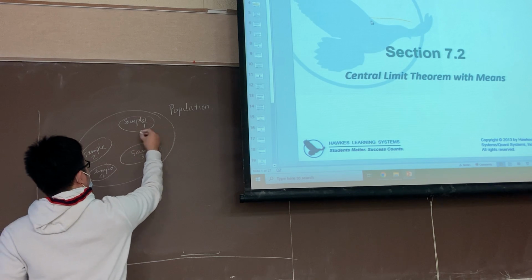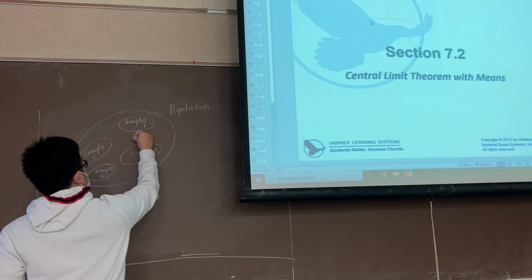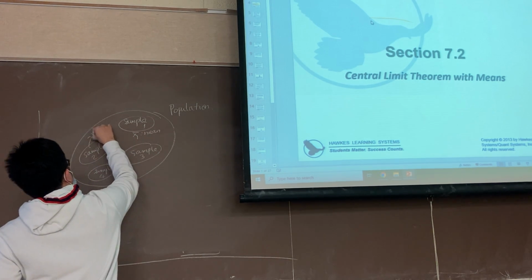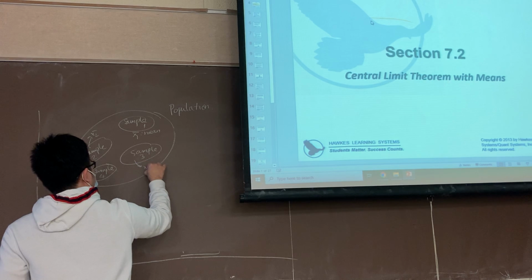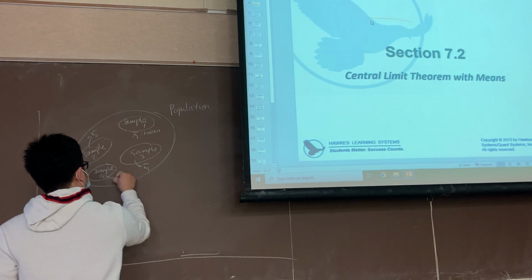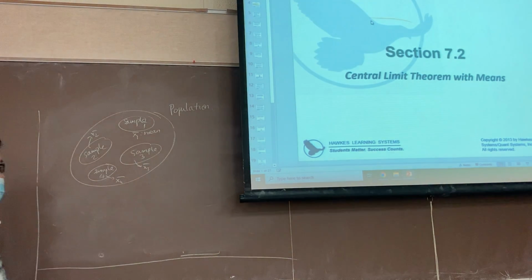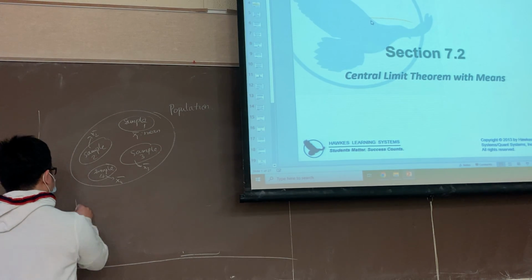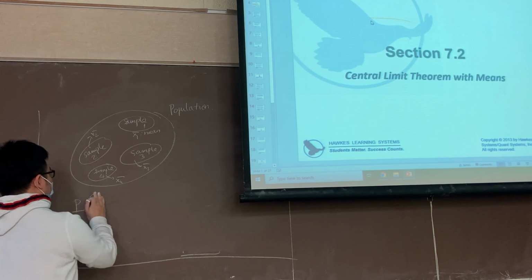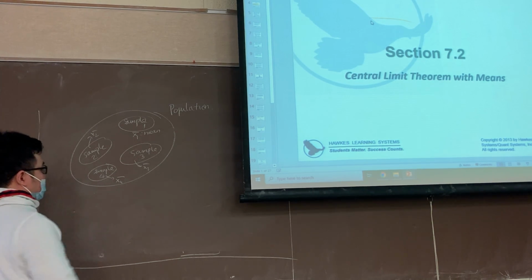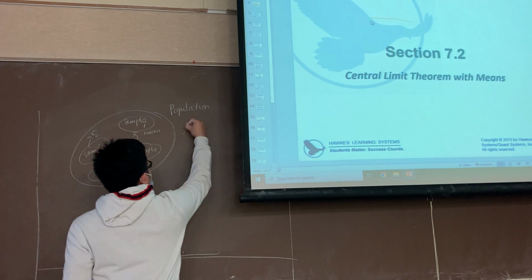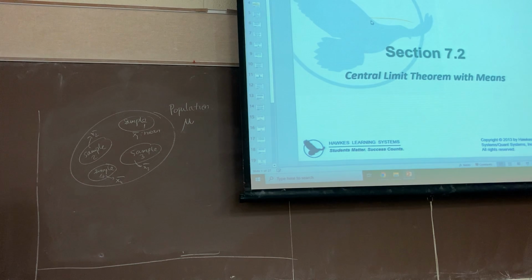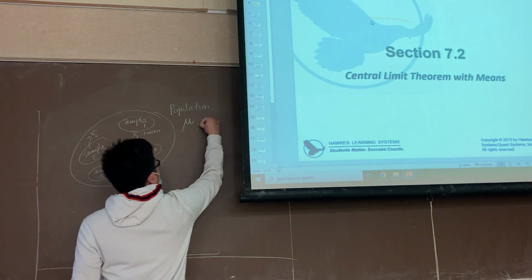For each we will have a sample mean: x1 is the mean of the first sample, x2 of the second, x3 of the third, and x4 of the fourth. The question here is how to calculate the mean of all these sample means. For example, we have the population mean mu here.